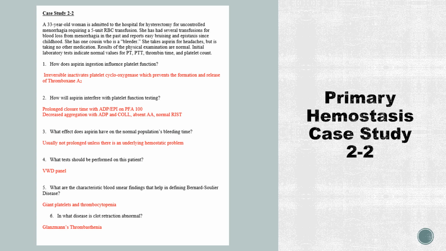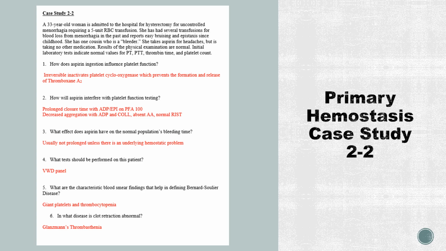Now, it may be more significant in some patients than others, but thrombocytopenia is a common finding, meaning they have a low platelet count. This patient clearly does not have a low platelet count, and she does take aspirin, so it makes you wonder. We've got to figure out what's going on with her.